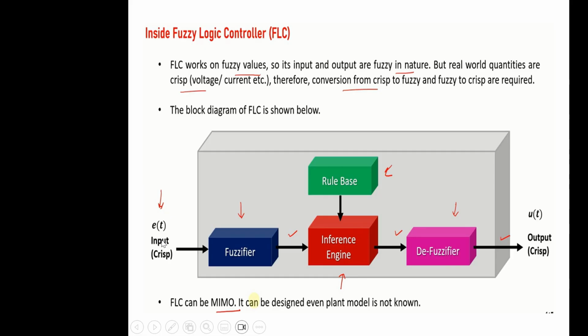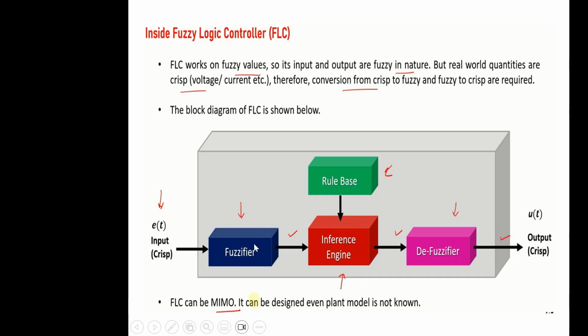It is a crisp value, or better still, we call it a physical value. Therefore, for the inference engine to be able to get fuzzy value that it understands, the fuzzifier will take the physical value and convert it to fuzzy value.